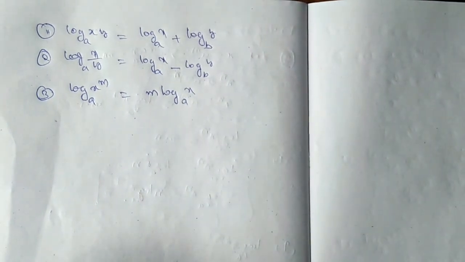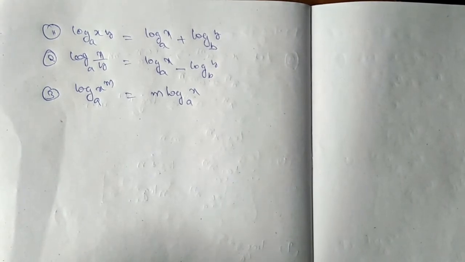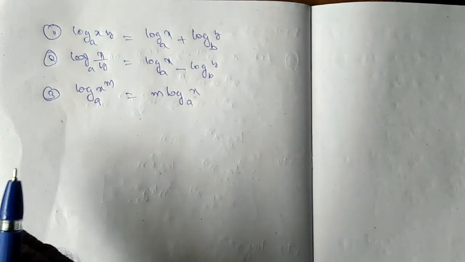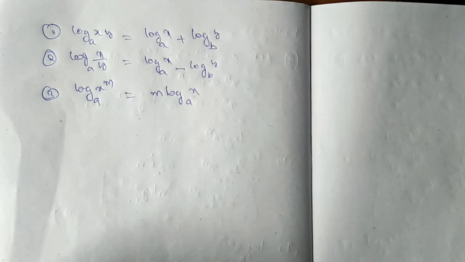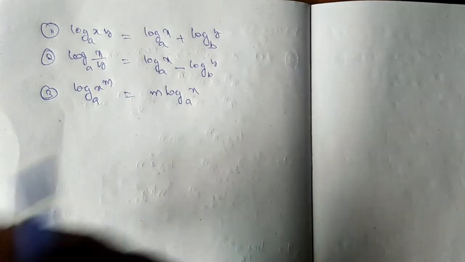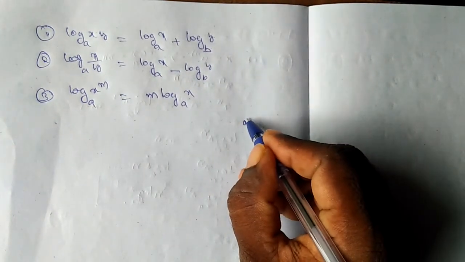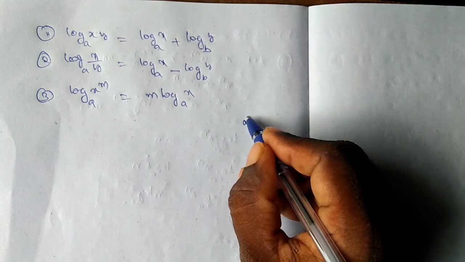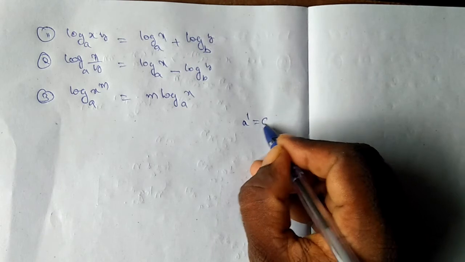We already did some problems on these three properties. Here we use these as formulas. Some more formulas are also there. Next formula: suppose a to the power of 1 is equal to a.